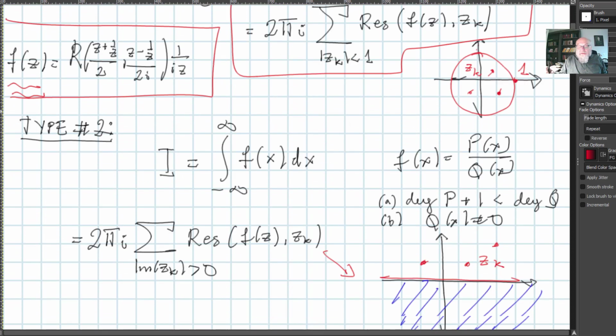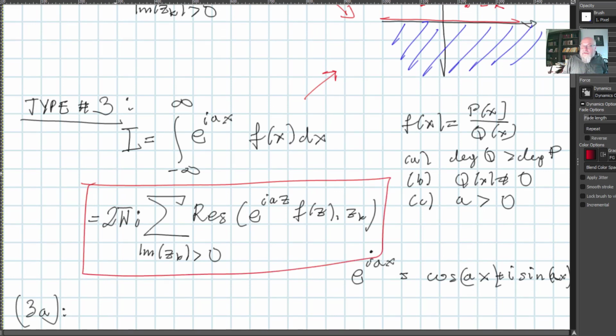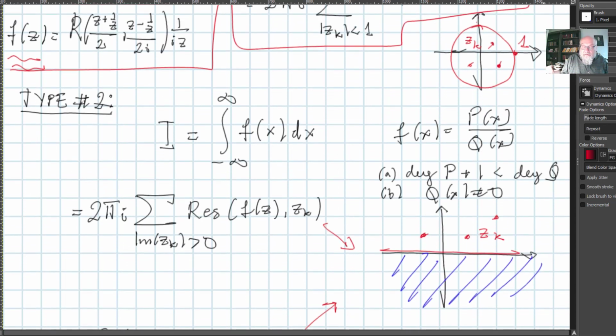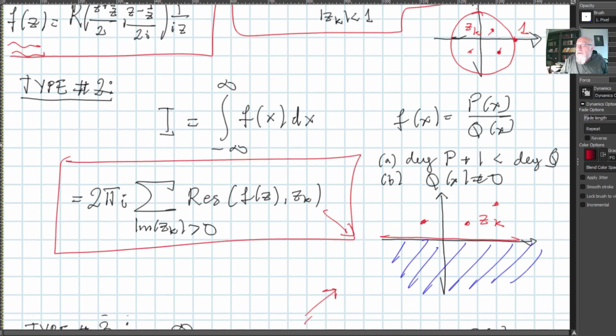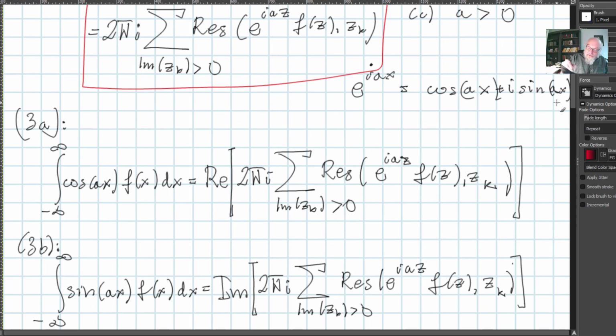The formula number 2 allows you to compute the integrals of rational functions. And the last formula, with the exponential factor, allows you to compute this mixed trigonometric and rational function integrals.